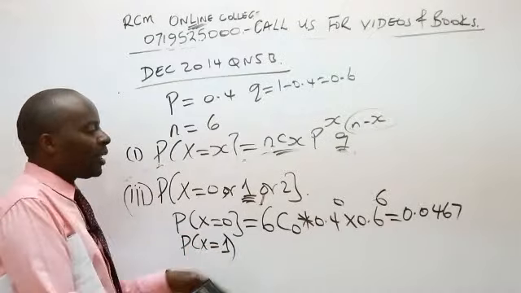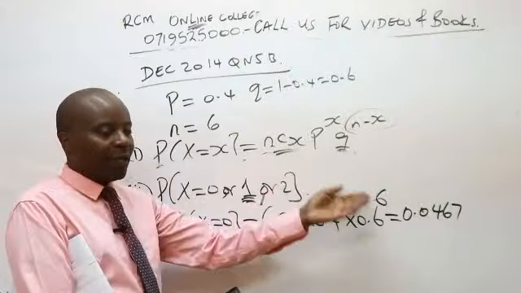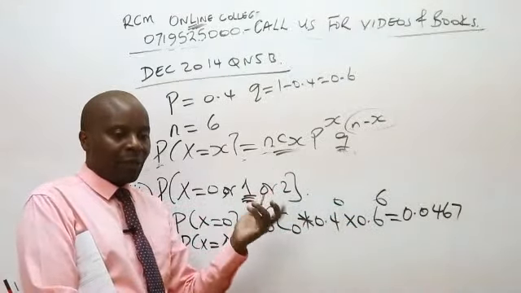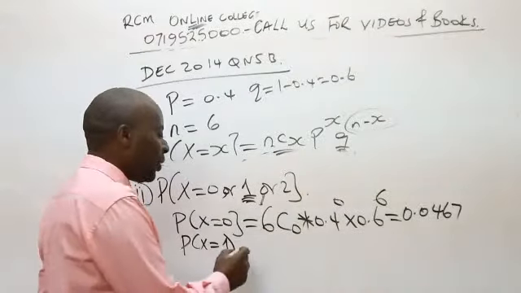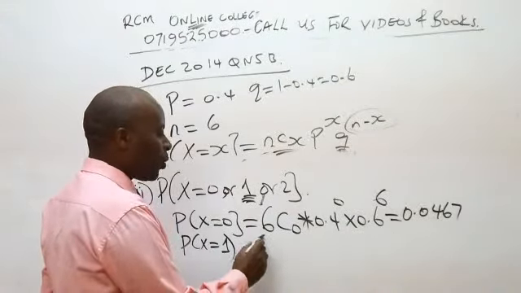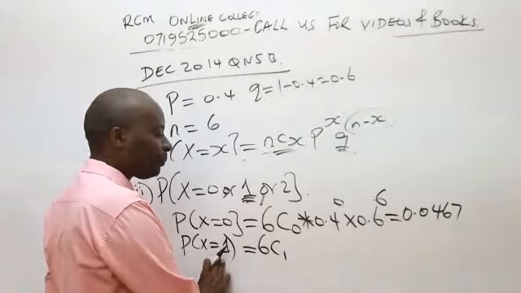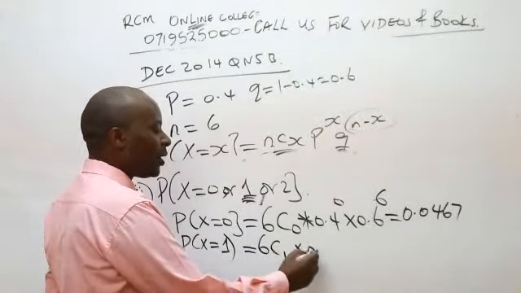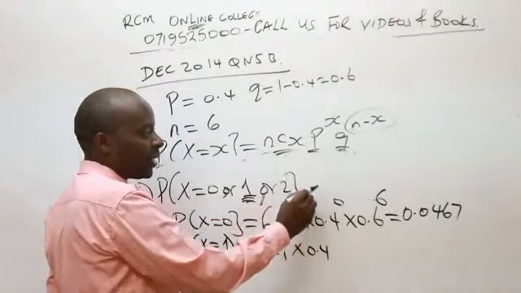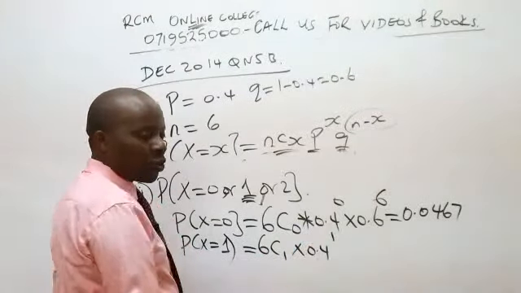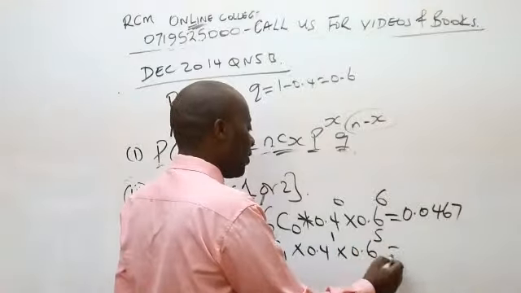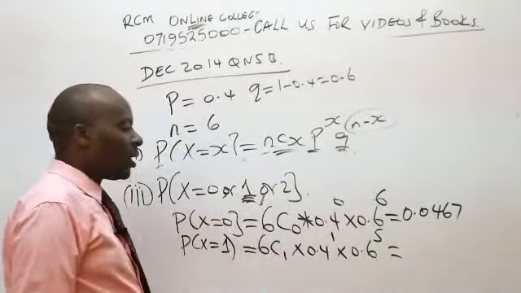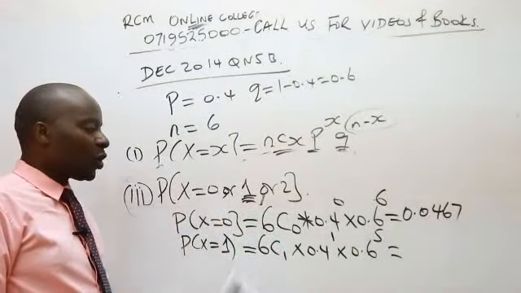Now from there we have probability of X equals 1. I could simply pick the one we obtained earlier and plug it in, but because we are not fighting against anybody's time, I can write it out. So we have 6 combinations 1 times 0.4 raised to X, which is 1, times 0.6 raised to power 5, because the 2 powers added together will always give us 6.